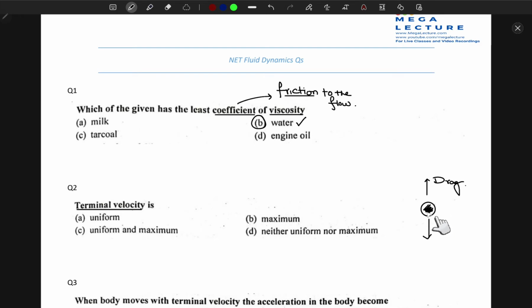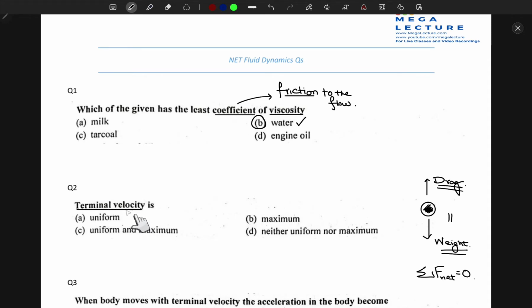The reason for that is, at that time, the weight of the spherical body would be exactly equal to the drag, and hence these two would become equal, and the net force would vanish. Now when the net force vanishes, it attains a constant speed, and that speed is known as the terminal velocity.